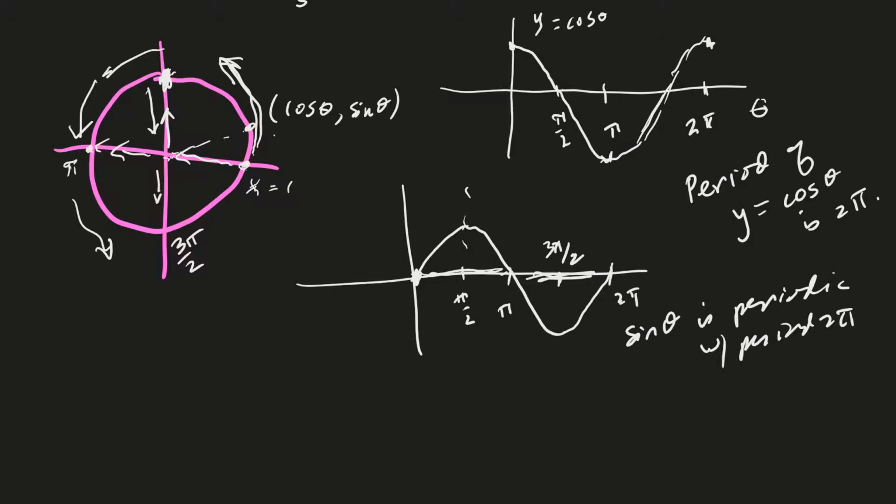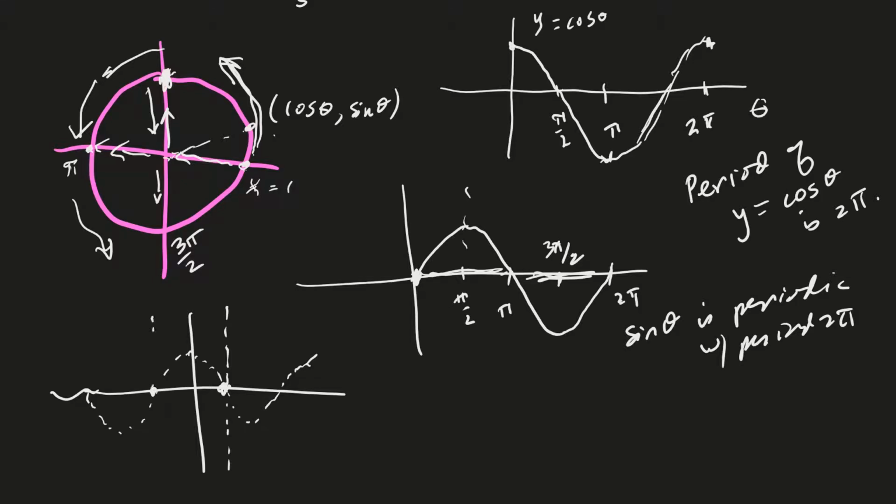Good. And so finally, what happens to the tangent function, which is sine over cosine? Well, if I graph the cosine here, I'm keeping it dotted because if cosine of theta is in the denominator and the denominator is 0, we're going to have a problem, right? And so the tangent function actually has vertical asymptotes at plus pi halves and minus pi halves.